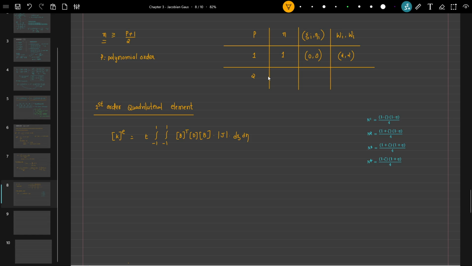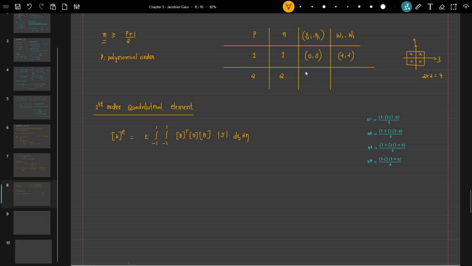If we have polynomial order 2, the number of integration points is (2 plus 1) by 2, and since the number of points is an integer, this is 2. So these are 2 points in each direction. So if we have zeta and eta, 2 points in zeta and 2 points in eta direction, so 2 into 2 is equal to 4 integration points, and the location will be something like this.